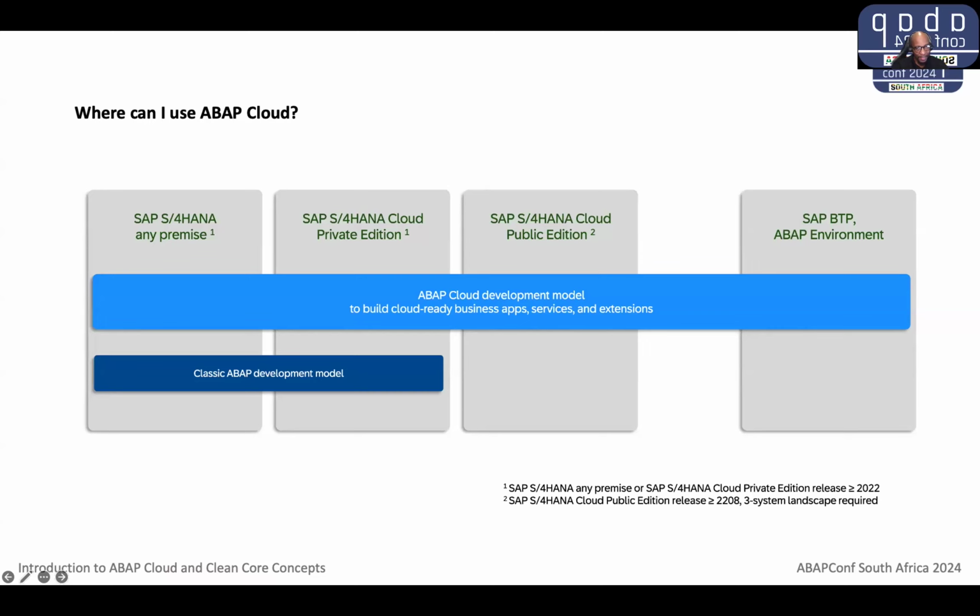And then obviously it's available on BTP as well. So you can still do classic ABAP development on your on-premise S/4HANA system, and on your private cloud edition, but on public cloud and BTP you have to use ABAP Cloud for building your solutions.